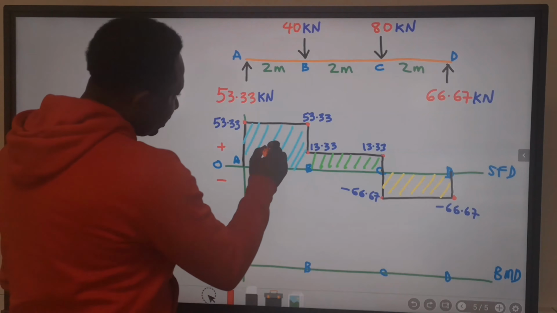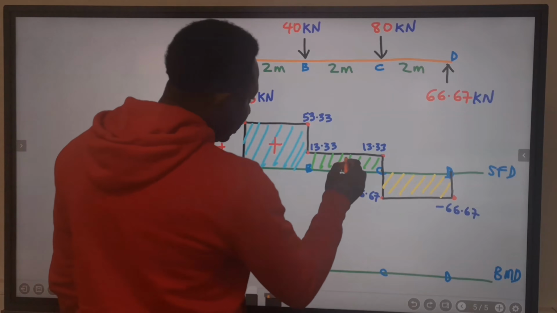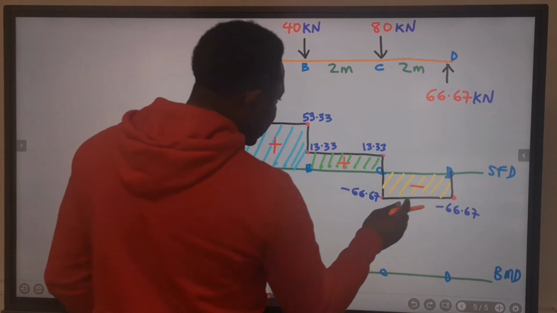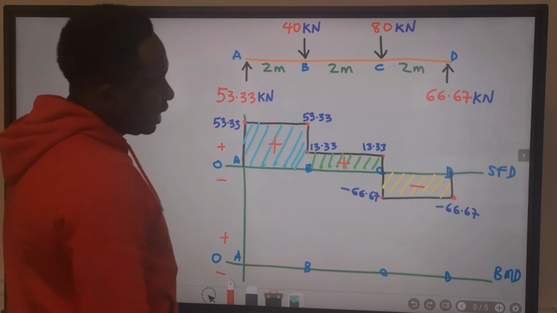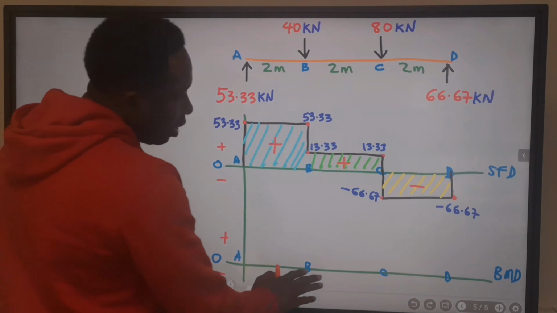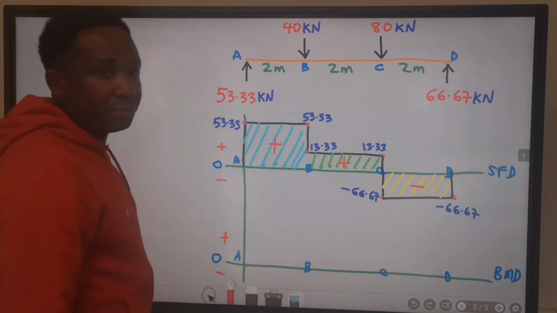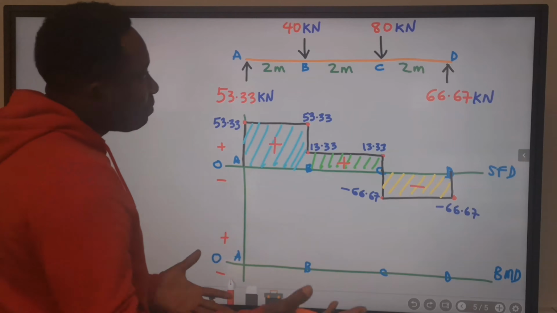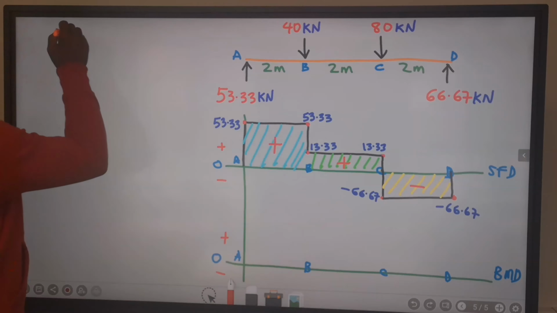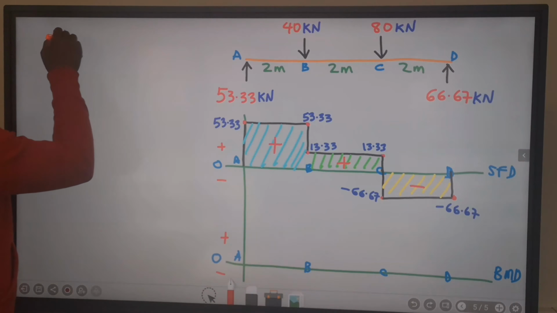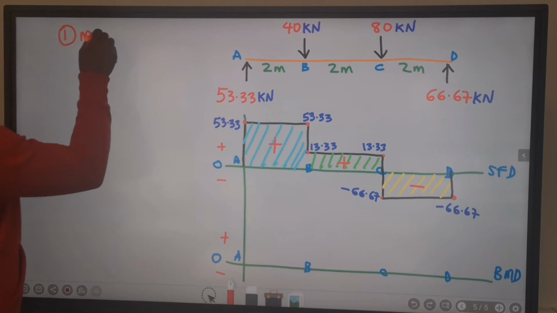Next, this is positive, and this is negative. Next, to draw our bending moment diagram, there are two methods we can use. The first method is the mathematical method.